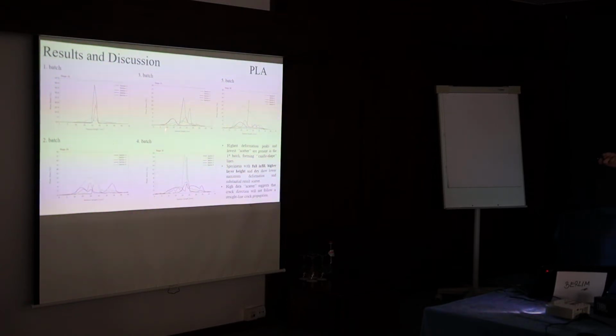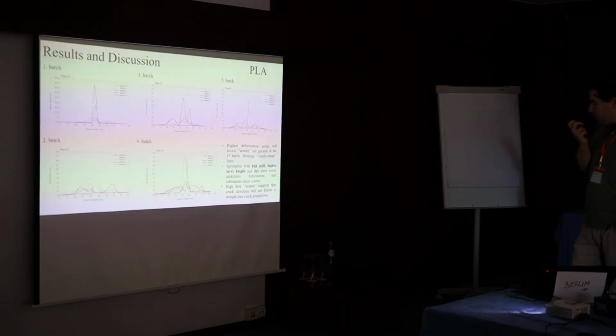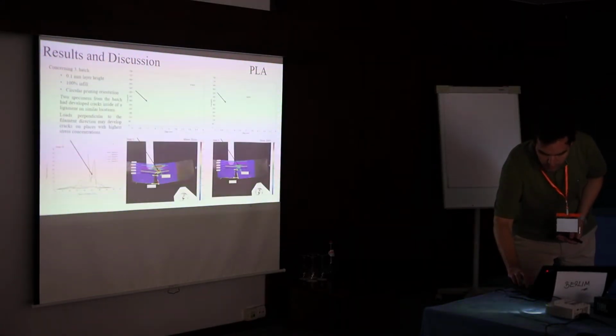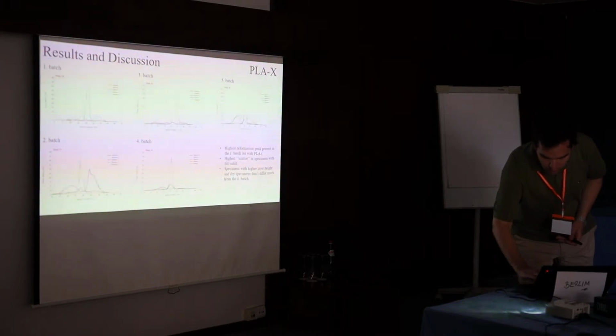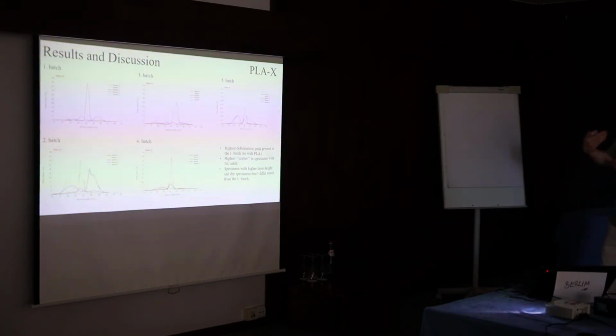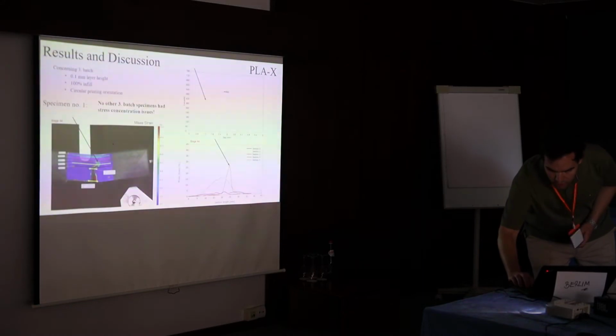Now comparing to 2 other specimen batches, which also have 50% infill density but differ in layer height, the 4th batch has a higher layer height, and the 5th batch is the dried specimen. They also have, so this is PLAX, no, sorry.